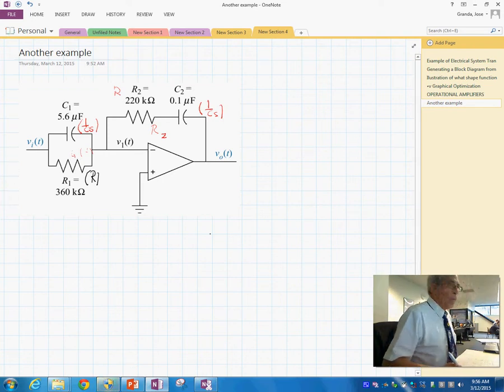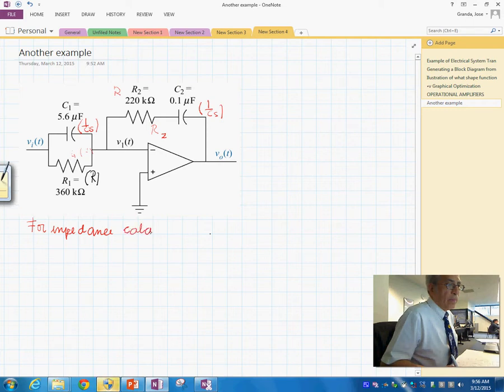So what the concept of impedance, you would say, for the impedance calculations, let's do that.